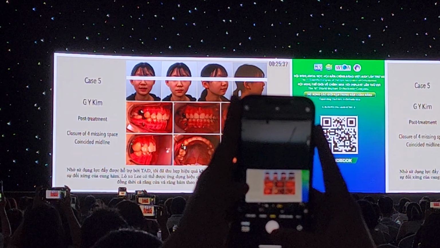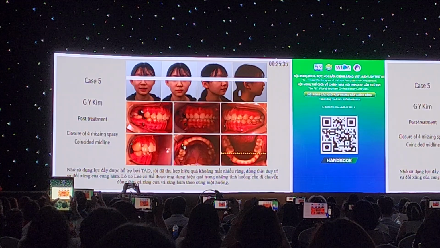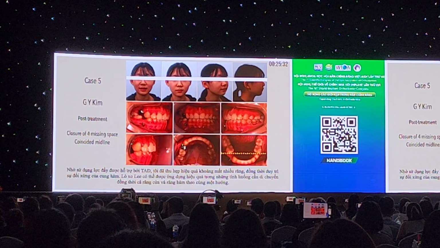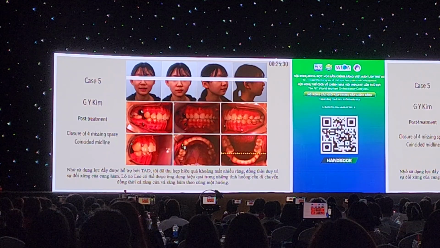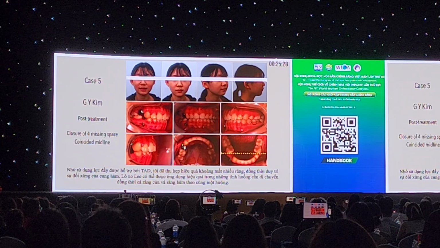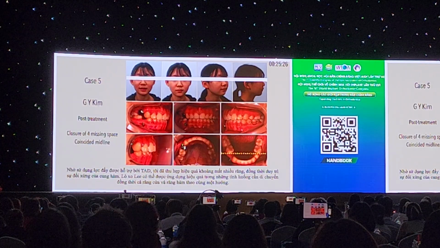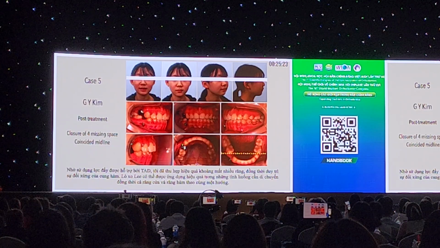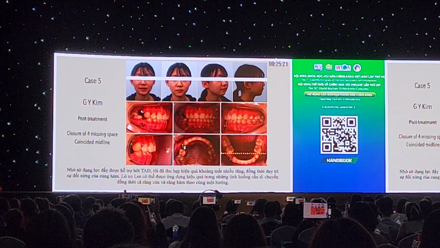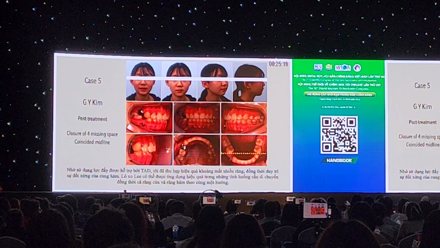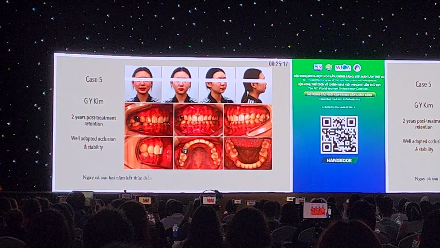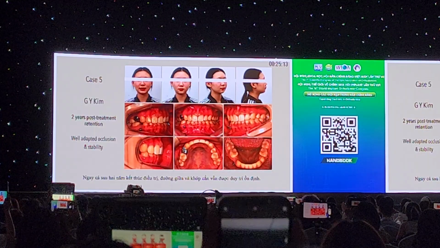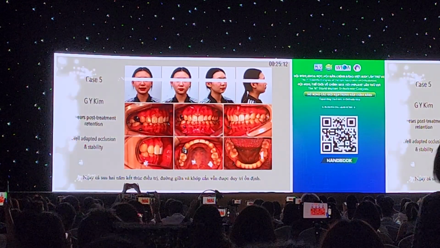Using pad-supported pushing forces, I effectively reduced the space of multiple teeth while maintaining symmetry in the dental arch. The respring can be effectively employed when simultaneous movement of both the incisors and molars in the same direction is required. Even at 2 years post-treatment, the midline and occlusion were well preserved.